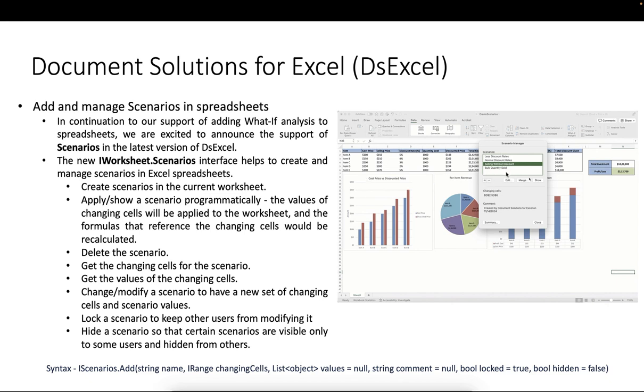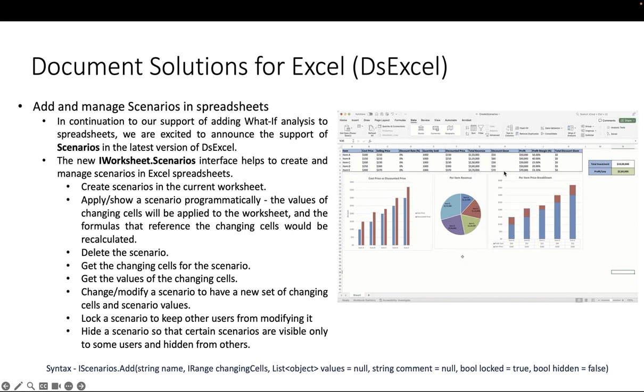So by switching between different scenarios, you can see how changes in certain cells can impact the results of calculations in your sheet. So here you see these are all the scenarios which have different sets of values in the cells. And by switching these scenarios, you can see the effect on the various calculations in the charts or other areas of the spreadsheet.